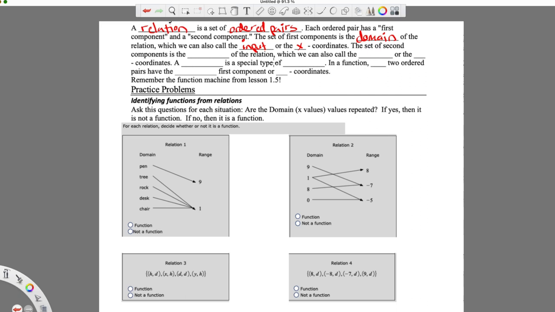The second component is the range of the relation, which we can also call the output. So this is the answer. When we have an equation and we put a value in for x, and we figure out what that side equals, that's going to be our output, or it's our y values, our y coordinates.